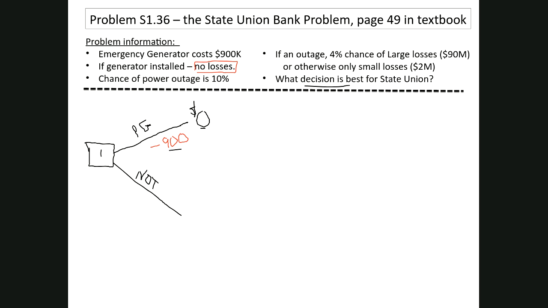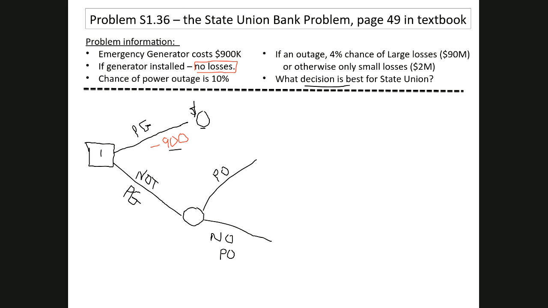So now we have to think through what's going to happen if the generator is not purchased. Not PG, not purchase that generator. What's the next thing that happens? Well, hopefully you can see that there's a random event. The first random event that would occur would either be there would be a power outage, or no power outage, no PO.